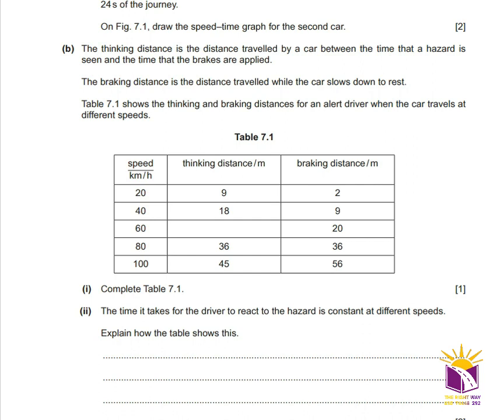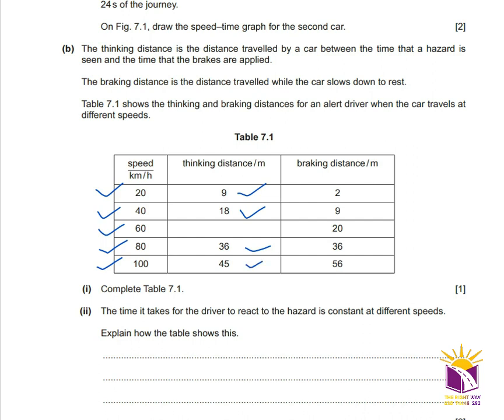Complete table 7.1. When it is moving with 20 meter per second, the thinking distance is 9. When it is moving with 40, it will be 18 meter. When it is 60, you have to find the value. When 80 it is 36, and when 100 it is 45.